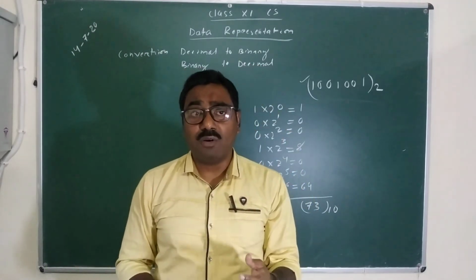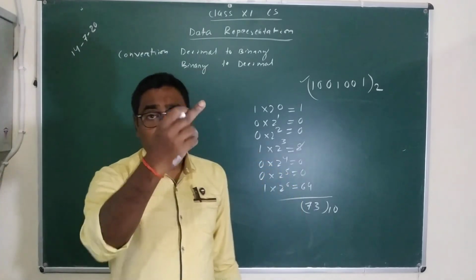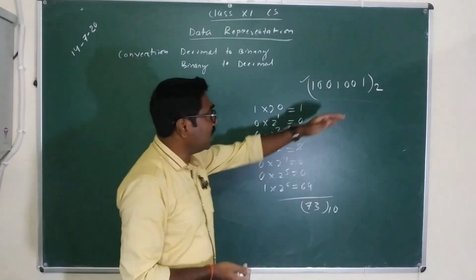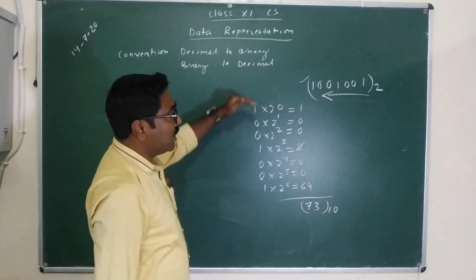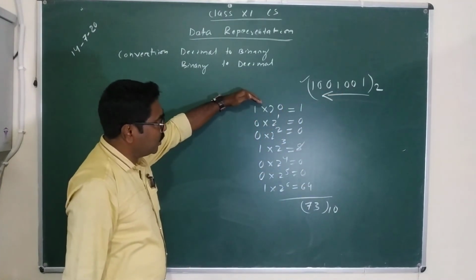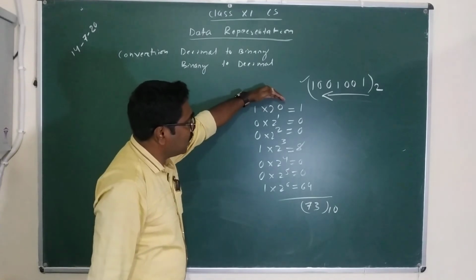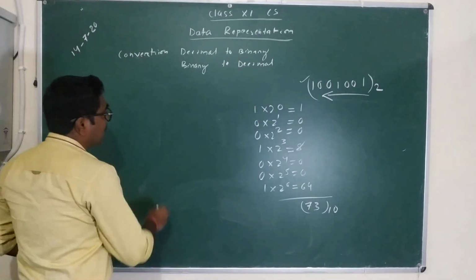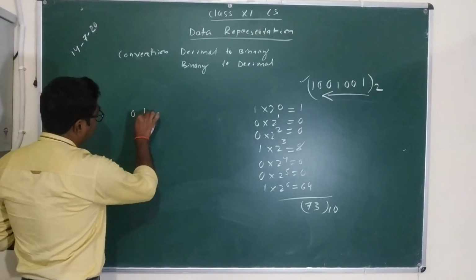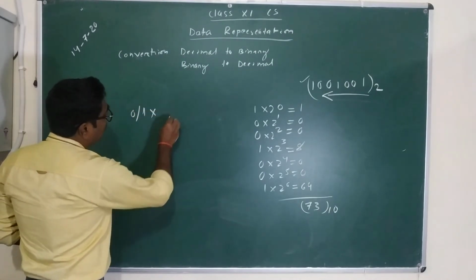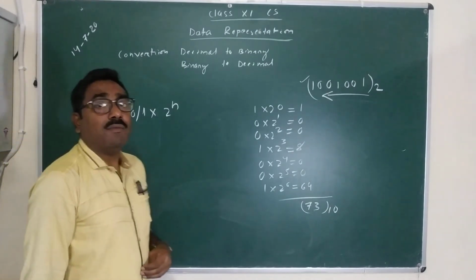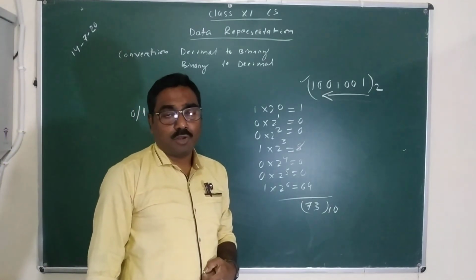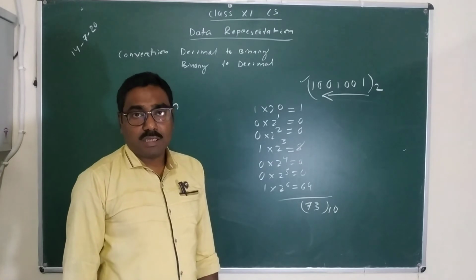You have to write down the binary number from right to left, then add the exponents of 2 starting from 0. The formula is, each digit, either 0 or 1, into 2 to the power n, where n is the value of that particular position, which starts from 0.